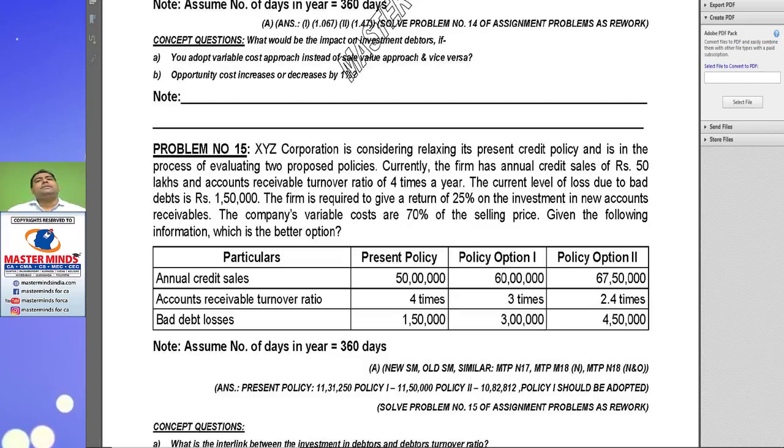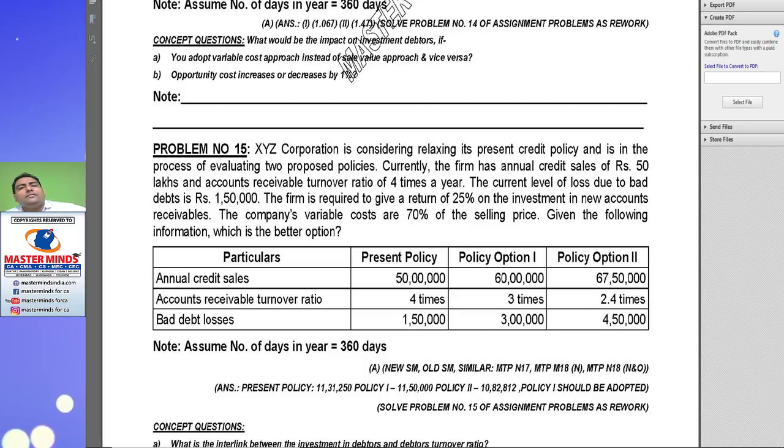It is quite simple. Debtors turnover ratio 4 times means, in the first problem, they clearly said that credit period is equal to 35 days at present. They want to increase it to 50 days. That is the right way of expressing. So this is the indirect way of expressing. Debtors turnover ratio 4 times means they got payment from the customer 4 times in a year.